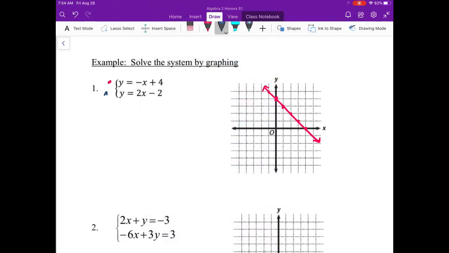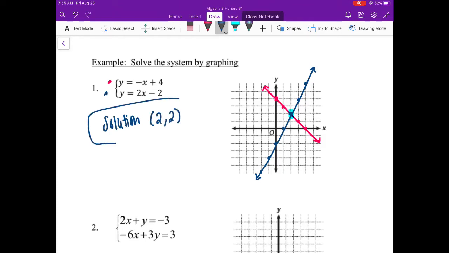Second line, I'm going to start down at -2, and I'm going to go up 2 and over 1. So connecting my dots, I see that I have one point of intersection, so my solution is going to be at (2, 2).